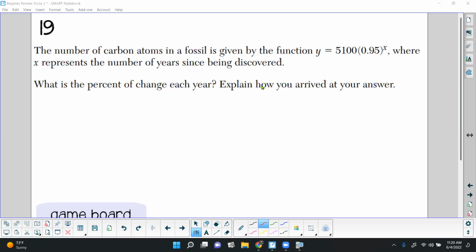So I want you to think about whether this is growth or decay. Is it growth or is it decay?